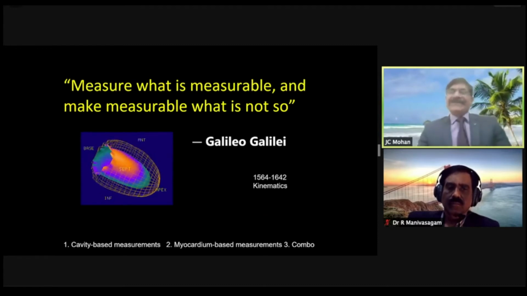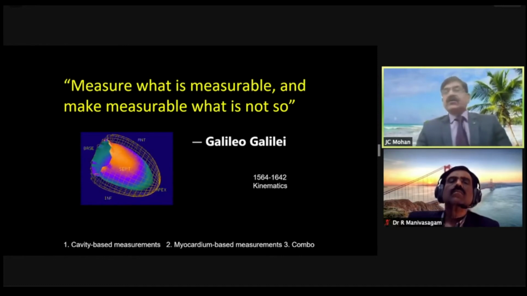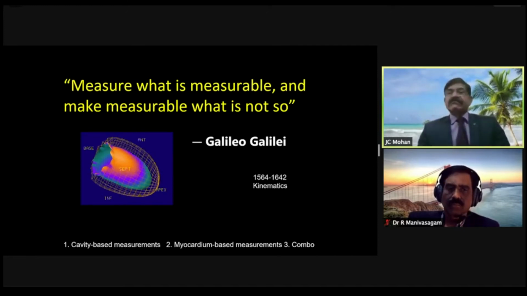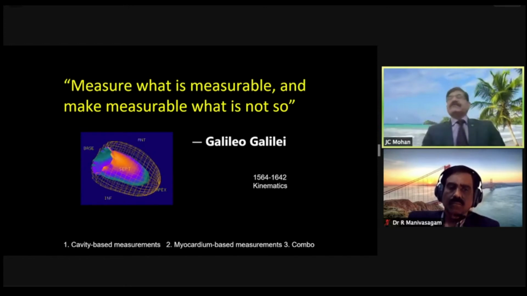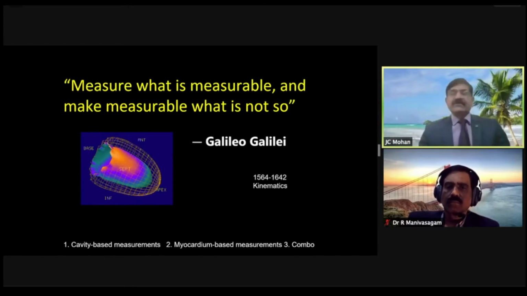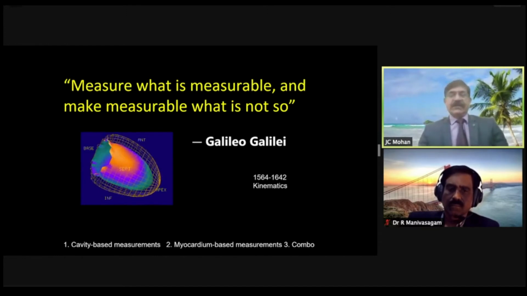Galileo, half a millennium back, said, measure what is measurable and make measurable what is not so. With regard to heart function, initially we started measuring cavity-based measurements, like fractional shortening, fractional area change, and ejection fraction.